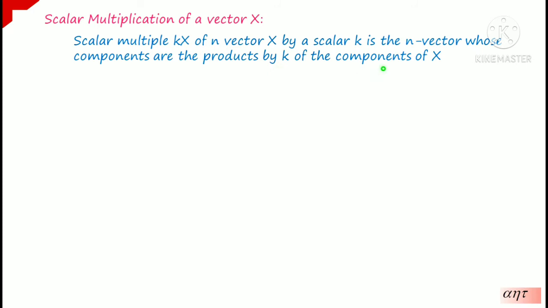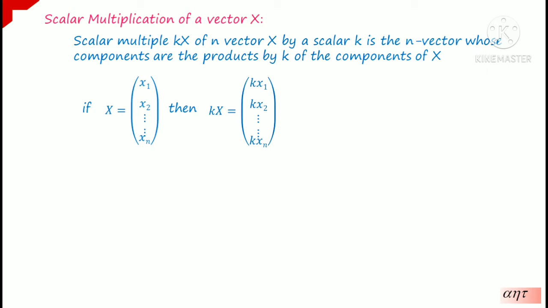For example, if x is equal to x1, x2, etc. xn, and you multiply that x with k, each and every element x1, x2, etc. xn is multiplied by k. Then we get the scalar multiple of x.